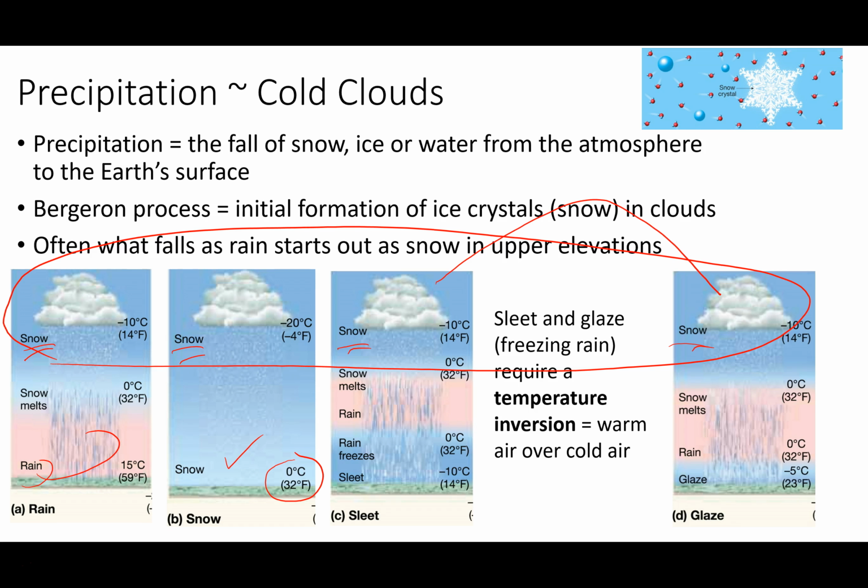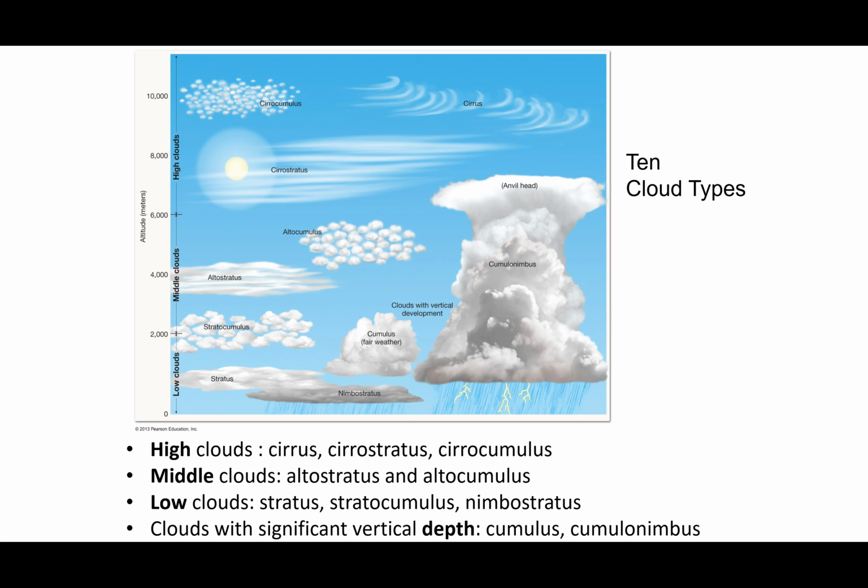And in both of these, it's cold, gets warm and gets cold again. Cold, warm, and cold. And this warm melts it, and this cold, if there's enough room, will refreeze it into pellets we call sleet. If there's not much room, it will freeze on things we call freezing rain or glaze. So kind of know those.